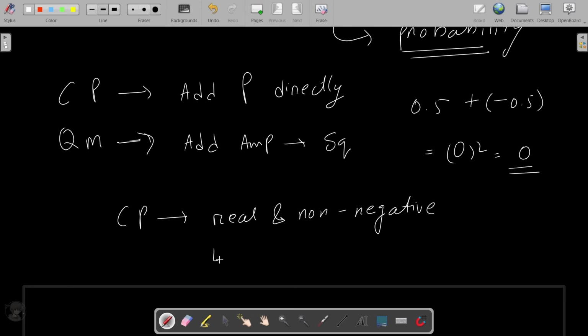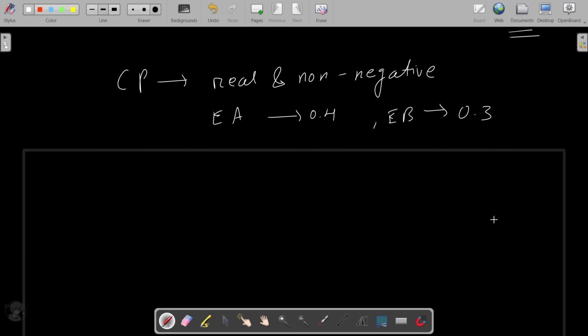Example, event A happens with a probability of 0.4 and event B happens with a probability of 0.3. If there are two ways to get the same outcome, they always add positively.